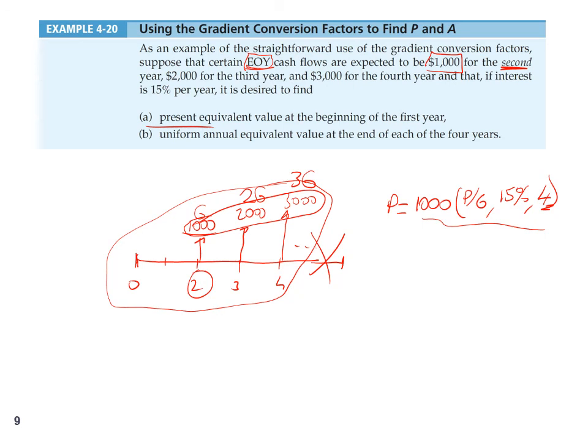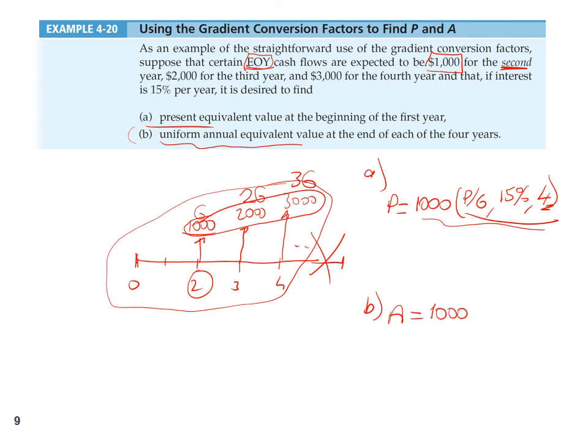And in part B it says to find the uniform annual equivalent value for this cash flow. So this is part A. Just look at this factor or plug in the values in the formula to find the result. And in part B we want to find A, and actually we can find this in different ways. The first way is this.